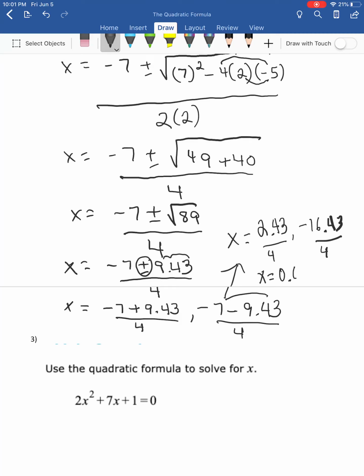So x equals 0.61, comma, negative 16.43 divided by 4, which is negative 4.11. Okay, and that's your final answer for this one.